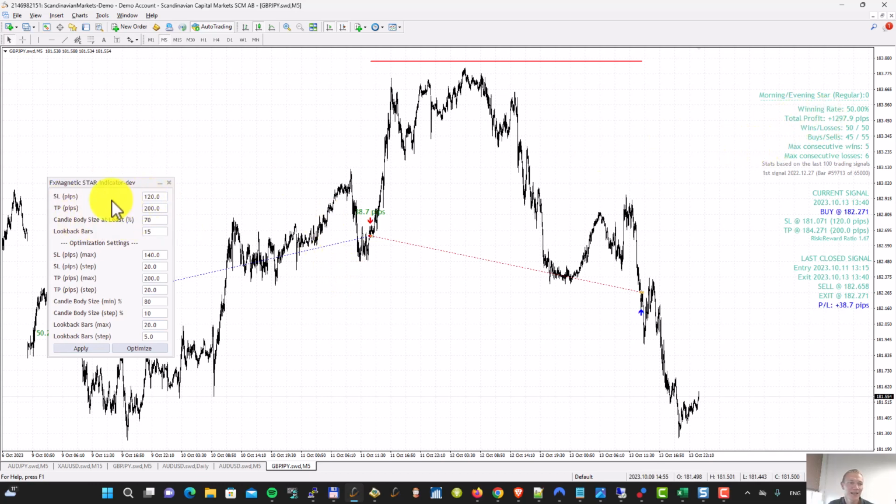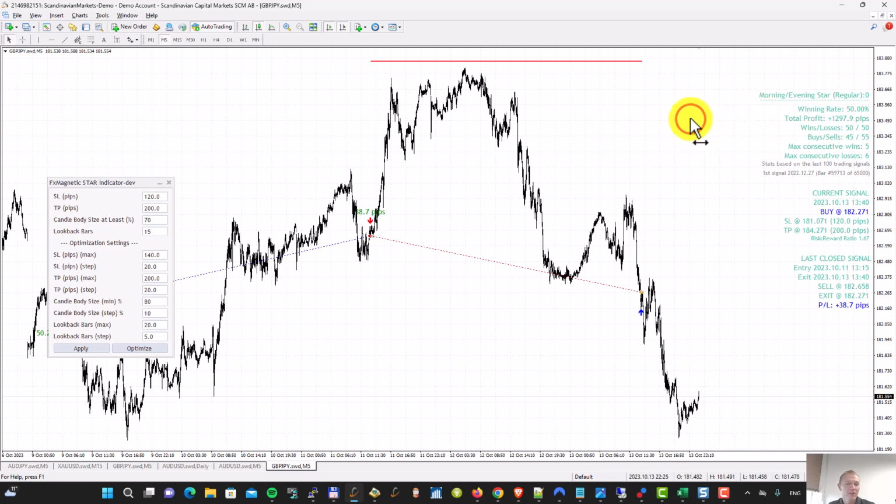And these are the settings: stop loss 120, take profit 200, candle body size at least 70%, and look back bars 15. With these settings, the last 100 traded signals had about a 50% winning chance. It means half of the signals were profitable, and we ended up with 1200 pips in profit.